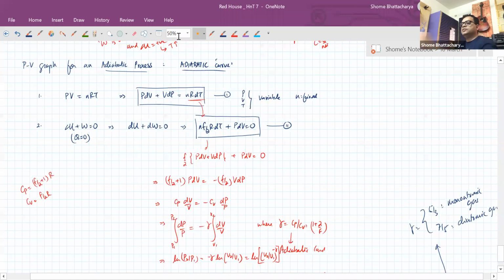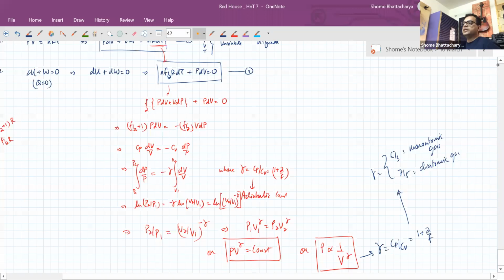So this is how we derive the equation of the adiabatic curve.